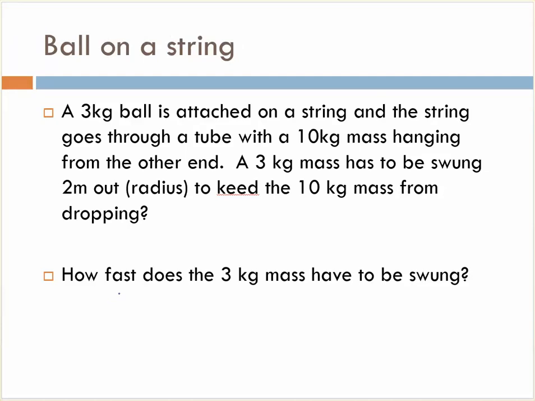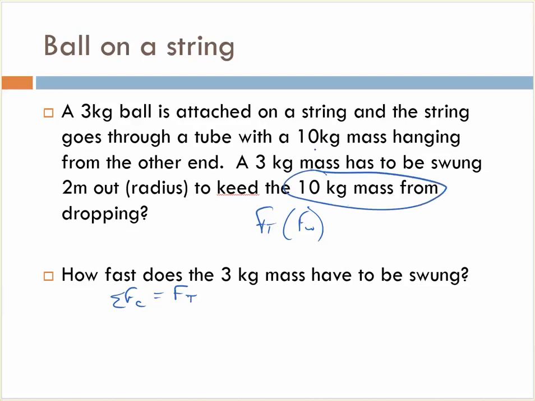Let's use a different color this time just for fun. In this case, we've got force of tension again. But what I want you to realize here is the force of tension is being supplied by the weight of the second mass. And that's this right here.